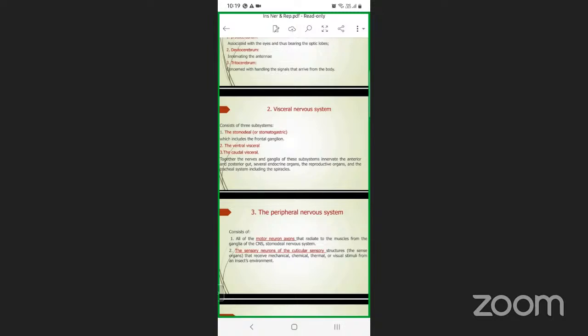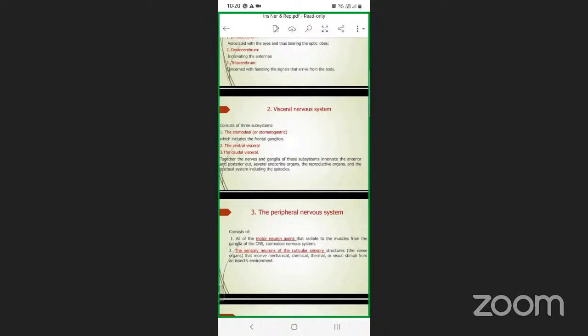And here we see the peripheral nervous system continuously informs the insect about its surroundings by receiving stimuli through the sensory organs. These sensory structures are located all over the body, but are concentrated most on the antenna, tarsi, palps, and labellum.